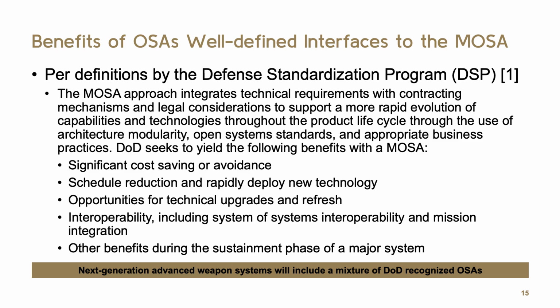And the interoperability, including systems of systems, is essentially what we've illustrated on that conceptual integration of those three OSAs. The other benefits include during the sustainment phase of the major system. And primarily in your digital ecosystem, you'll have the models, all the requirements and designs. So if there's any changes, you change the model and generate that.